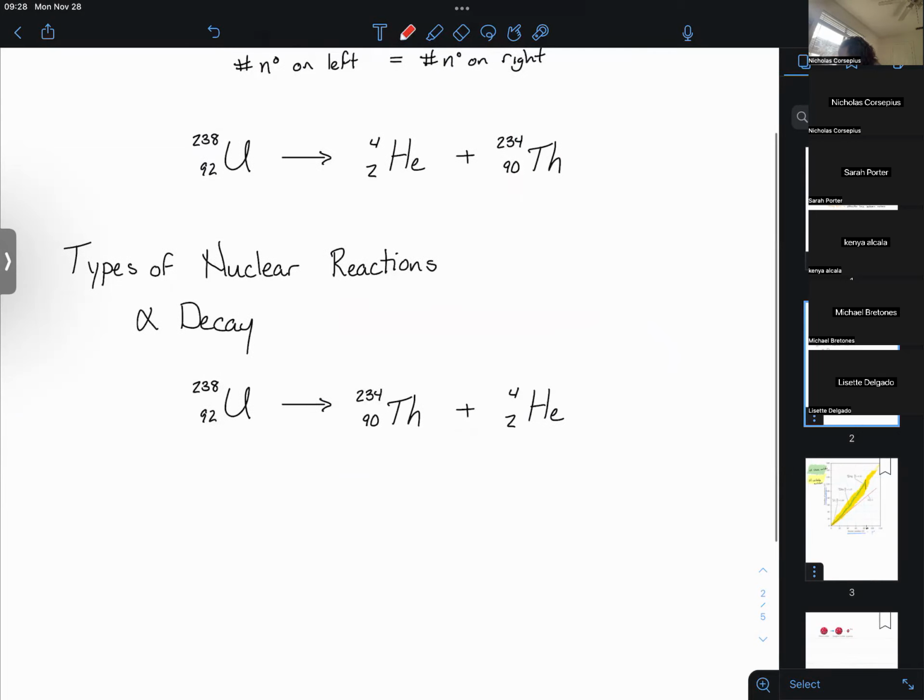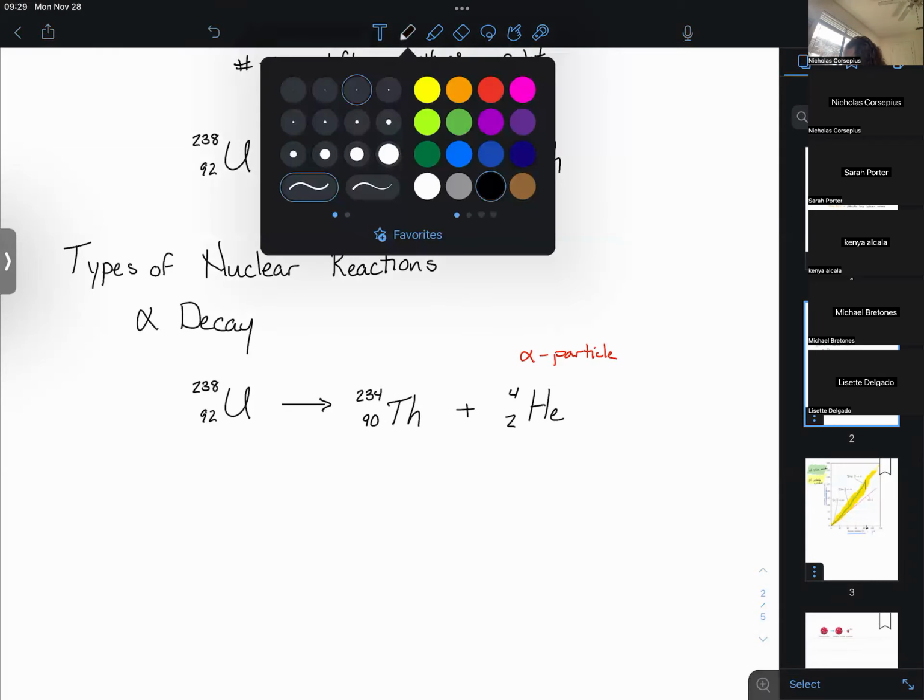And the key here is this helium atom that's being displaced here. Okay, so helium-4 would be the specific isotope. This is what we call an alpha particle. Any time you have a very large nucleus and it splits up into helium and then one thing smaller, always going to be 2 less, that's what we call alpha decay.